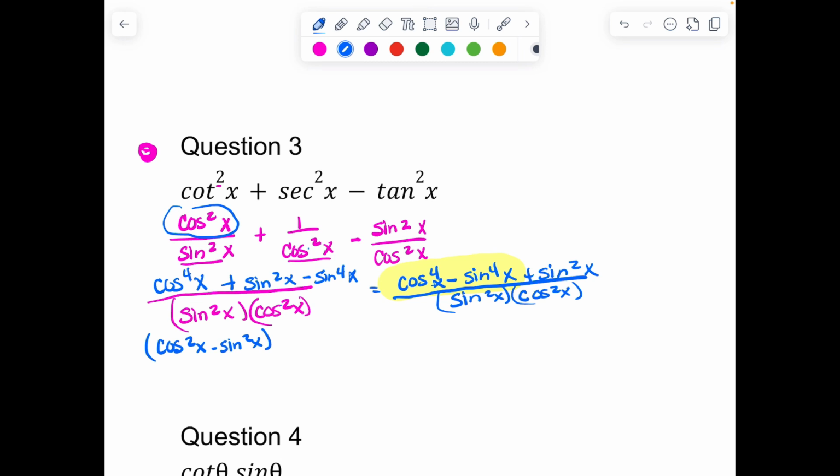So I'm just rewriting this as 2 binomials. Then this one would have to be cosine squared of x plus sine squared of x, because when I multiply those back, there would be no middle term, and it would cancel out. So one's negative, one's positive. And then I have my plus sine squared of x, and it's still all over my common denominator.